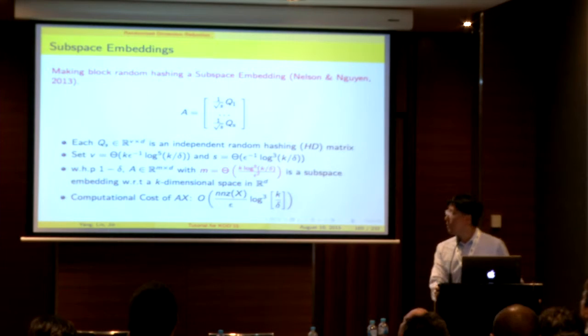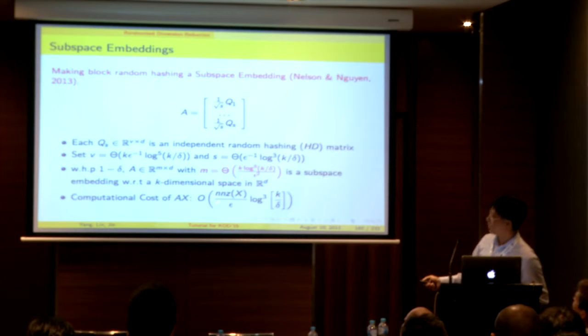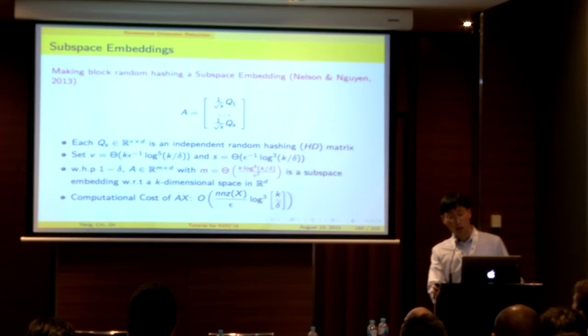And we can also make the block random hashing a subspace embedding by carefully choosing the number of blocks and also the dimension of each block. And the computational cost of applying this block random hashing is again linear in the number of non-zeros in the data matrix X.